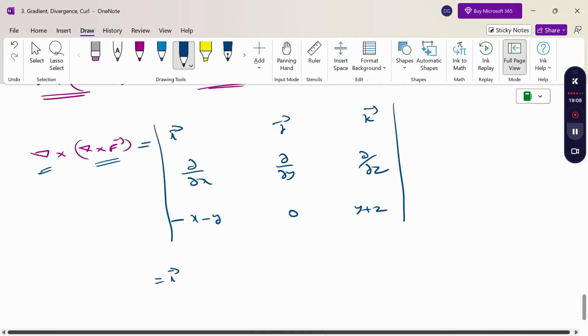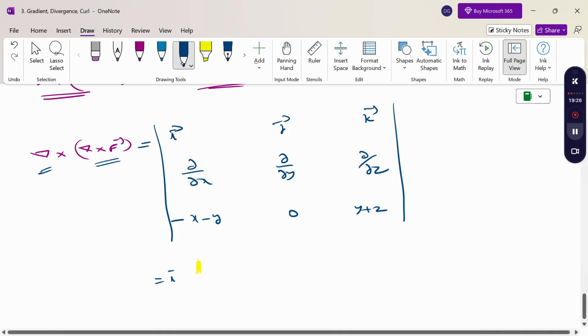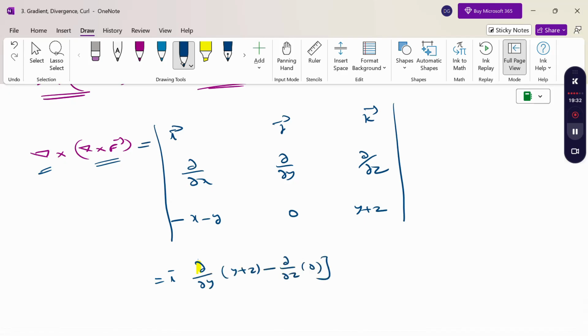Now taking this determinant, for the i vector we leave this row and column, then cross multiply. Therefore this term is ∂/∂y of (y + z) minus ∂/∂z of 0.